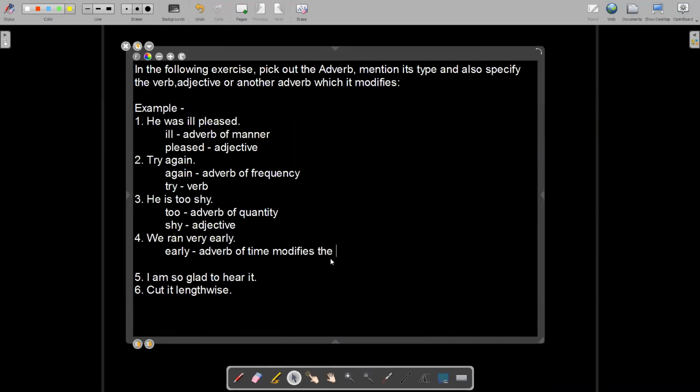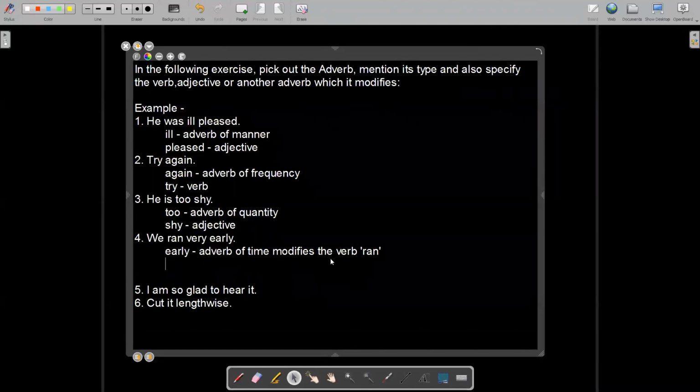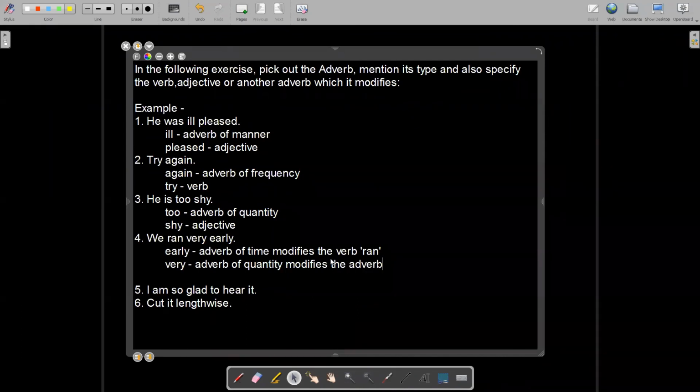It modifies the verb ran. And there is another one that is very. That is adverb of quantity. To what extent did he run early? Adverb of quantity, and it modifies what? The adverb early.